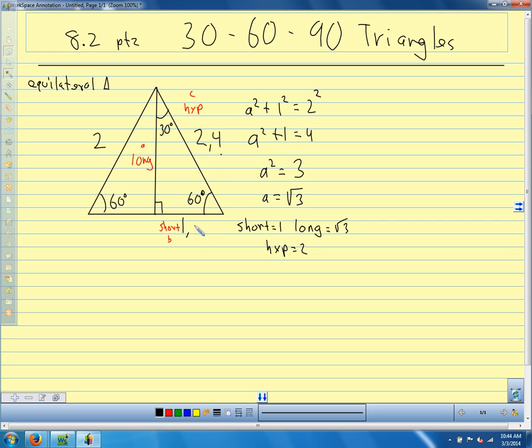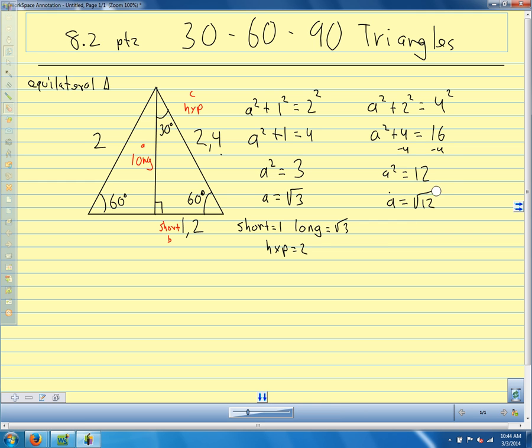2. And we're going to find the long side. So for this one I get a squared plus 2 squared equals 4 squared. So a squared plus 4 equals 16. Subtract 4. You get a squared equals 16 minus 4, which is 12. Undo the square by taking the square root. So a equals the square root of 12.